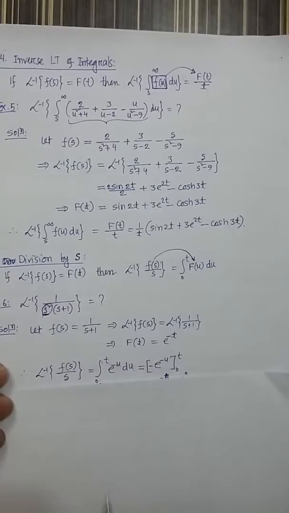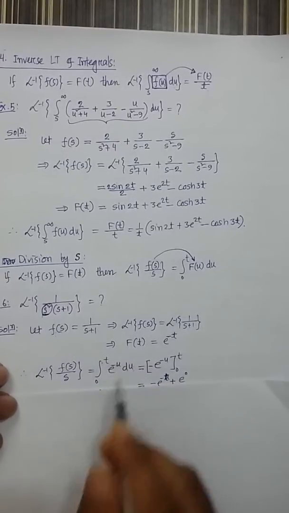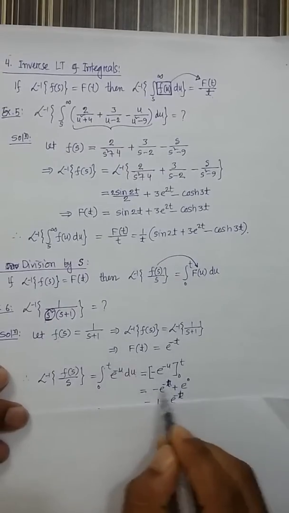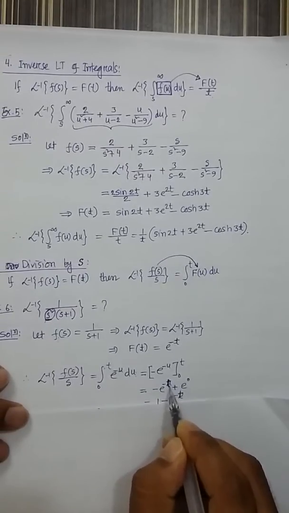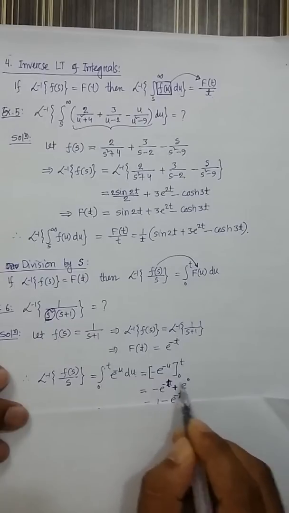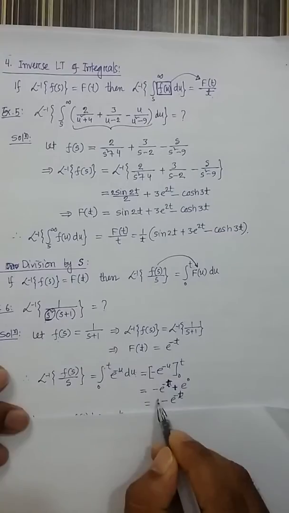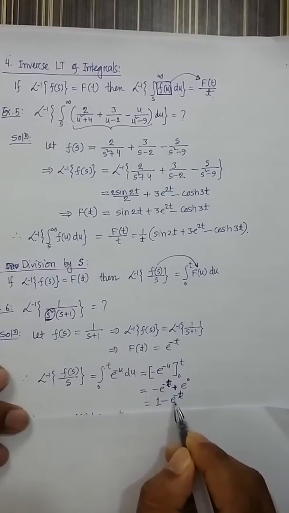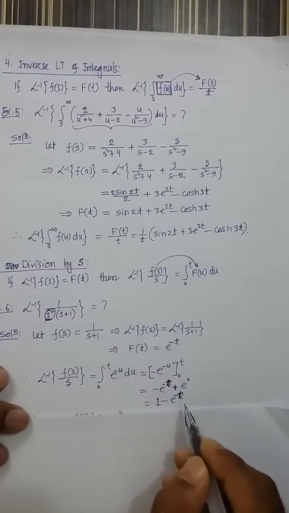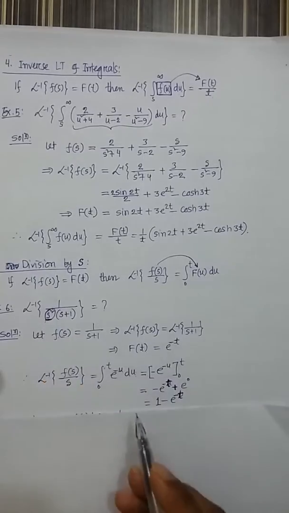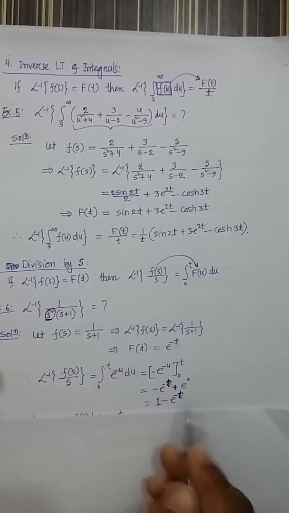If we integrate, you will get minus e to the power minus t plus e to the power 0, according to the rule of definite integration, and accordingly you will get 1 minus e to the power minus t. Now, since there was s square, you will have to integrate this again.